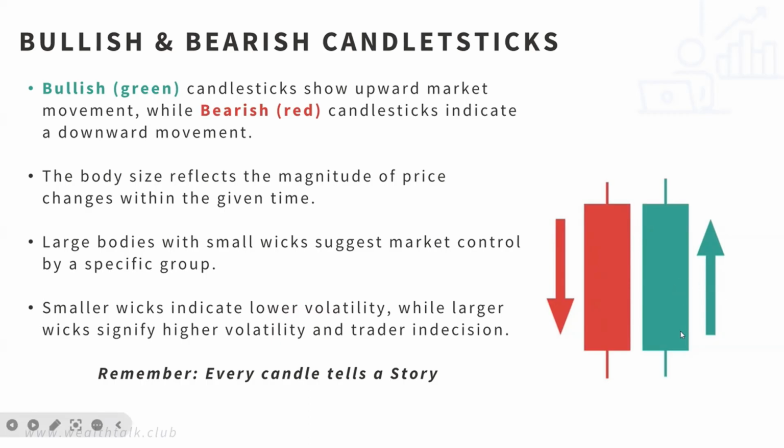Similar to this, if you look at the green candle, when the price started, it was at $2. Buyers came in, they pushed the price up somewhere around here. Sellers came in, they pushed the price back down. But once the candle closed, there was a solid green body towards the upside. It's called a bullish candle. What story is it telling us?